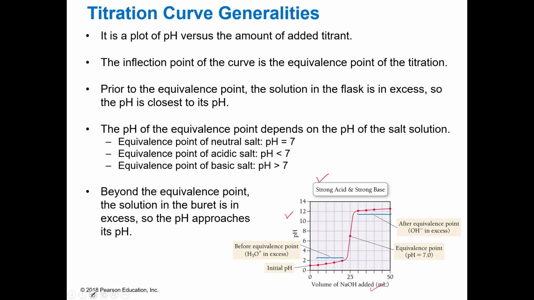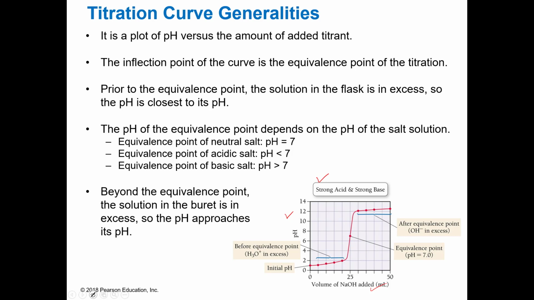Now, I would say sodium hydroxide and hydrochloric acid, and I would probably go on and label what that is. But the reason they say strong acid and strong base here is that it doesn't matter which strong acid and strong base they are, as long as they're monoprotic.